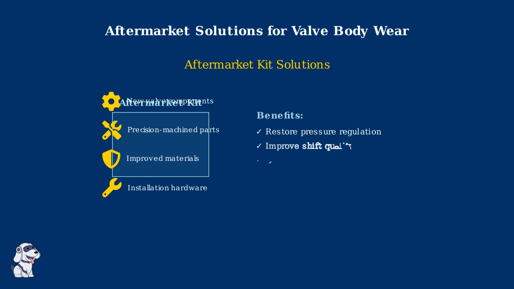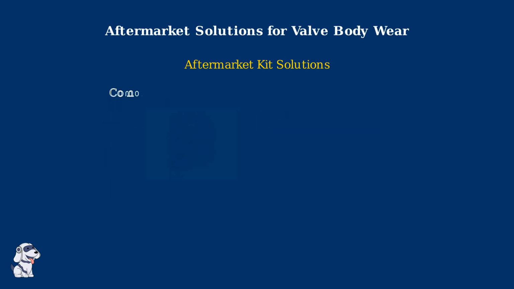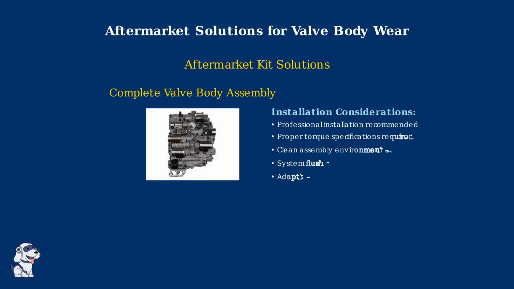The benefits of using aftermarket solutions include restored pressure regulation, improved shift quality, cost-effective repair compared to transmission replacement, and extended service life for the transmission system. When installing aftermarket valve body repair kits, proper installation is crucial.